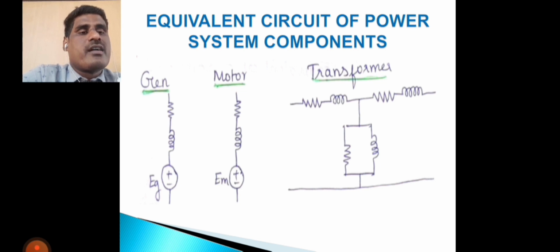If any power system network has a transformer, then when drawing the equivalent circuit we use the same diagram for the transformer part in the reactance diagram or single line diagram.